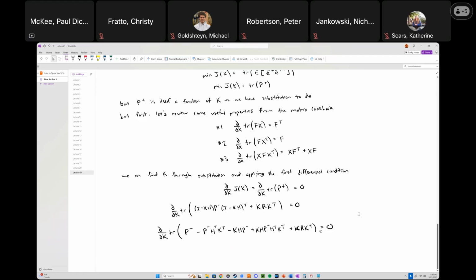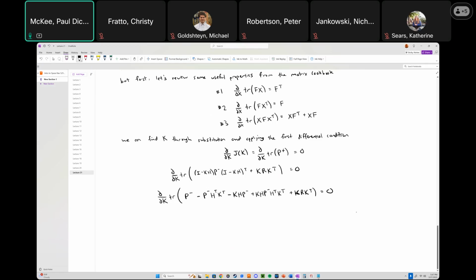Okay, here we go. Next, I'm going to distribute. So what we're saying is derivative with respect to K of the trace of P minus derivative with respect to K of the trace of P minus H transpose K transpose minus derivative with respect to K of the trace of KH P minus plus derivative with respect to K of the trace of KH P minus H transpose K transpose.